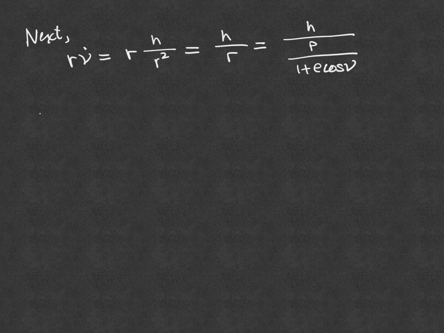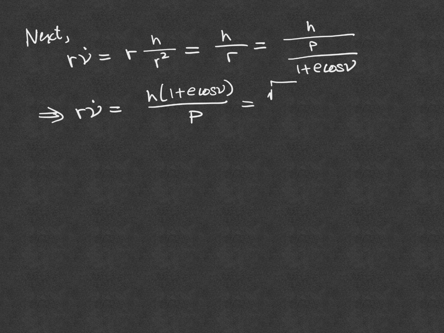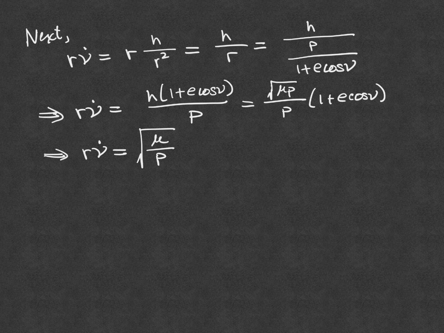And that, of course, comes from the orbit equation, which gives that R nu dot is equal to H times 1 plus E cosine of nu, all divided by P. But as we saw earlier, H was equal to the square root of mu times P. So this is the square root of mu times P over P times 1 plus E cosine of nu, which implies that R nu dot is equal to the square root of mu over P times 1 plus E cosine of nu.